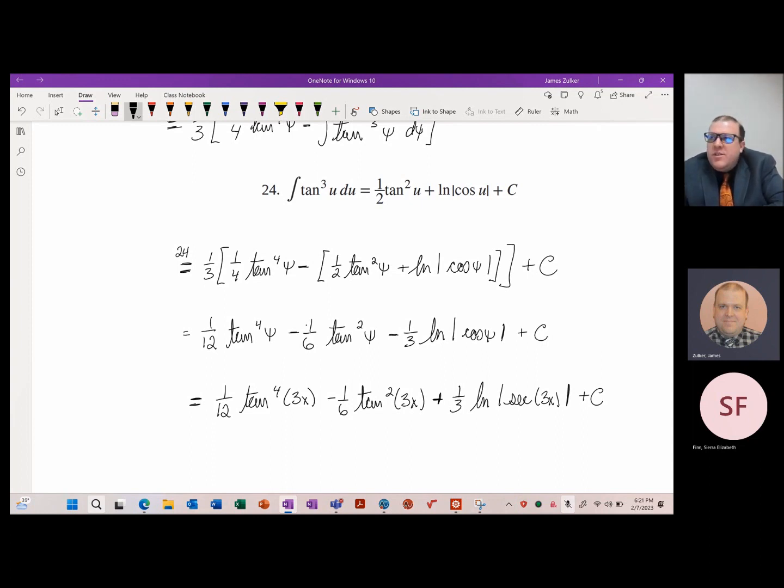And that would be our antiderivative. Much easier than partial fraction decomposition. A lot easier than trig sub. Any questions?